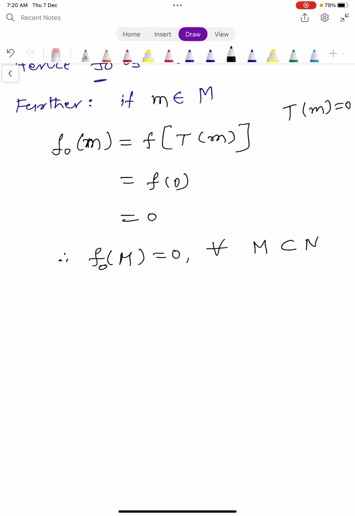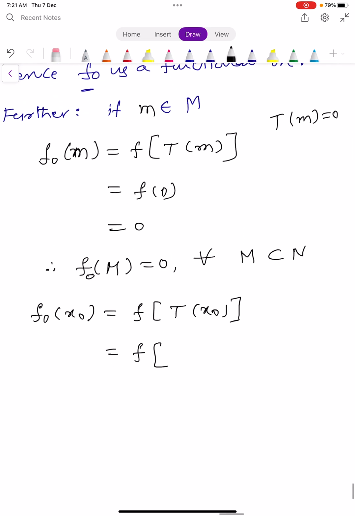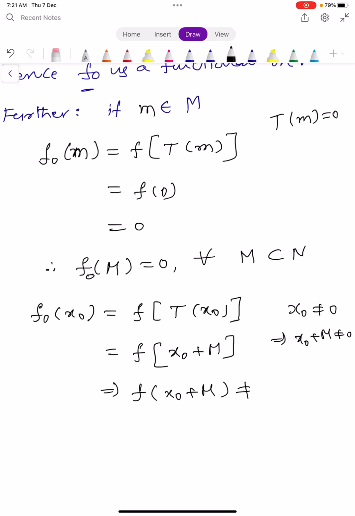And we go further. f naught of x naught is equal to f of T of x naught, and T of x naught is already defined as x naught plus capital M. We know that x naught is not equal to 0. Obviously, x naught plus M is also not equal to 0. This condition implies f of x naught plus M is also not equal to 0.